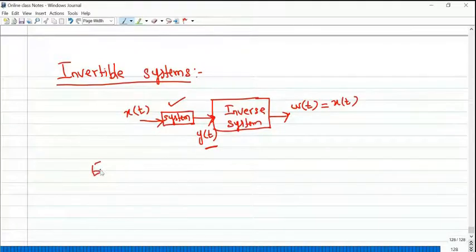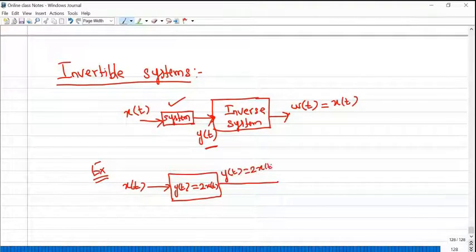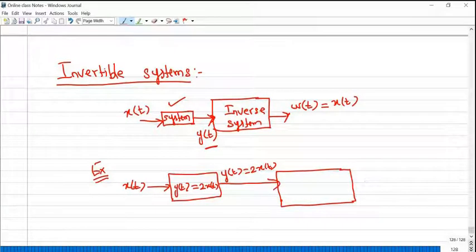For example, x of t is the input to the system. The system output y of t equal to 2 times of x of t. What is y of t? 2 times of x of t. Is it possible to design an inverse system such that to recover our x of t back, the output of the system is w of t, it should be equal to x of t.